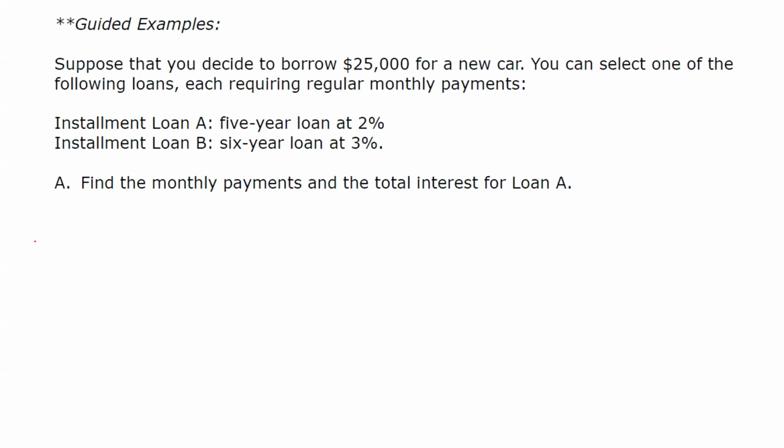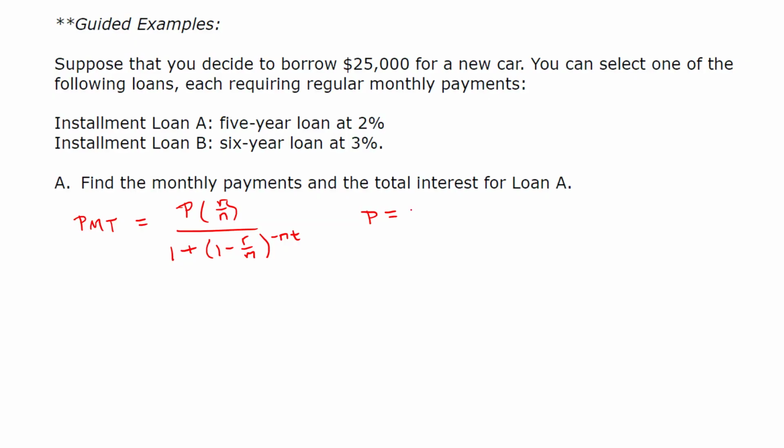So we want to first find our monthly payments, which is going to be our PMT equation. That would be P times R divided by N, all divided by 1 minus (1 plus R over N) to the negative NT. Let's identify what our variables represent in this problem.